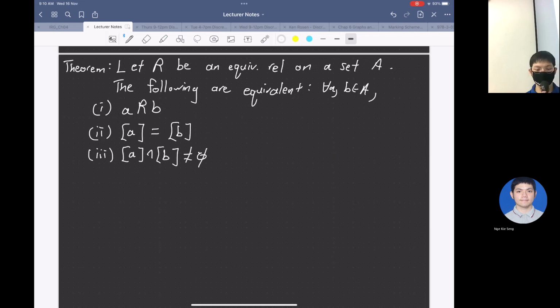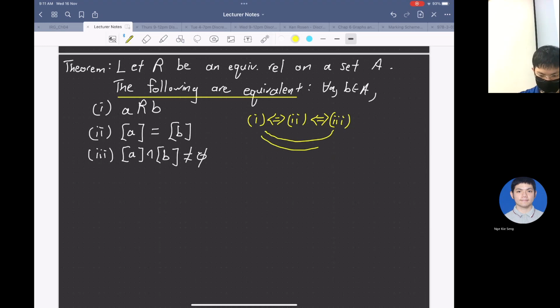Also, if you look at the intersection, it is non-empty. So what does it mean that the following are equivalent? This means 1 implies 2, 2 implies 1, 2 implies 3, 3 implies 2, and 3 implies 1 as well. So they form a cycle.